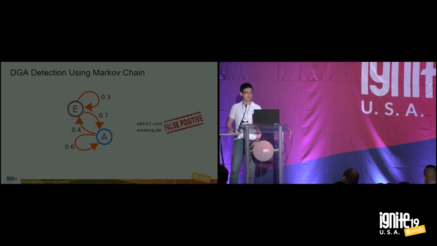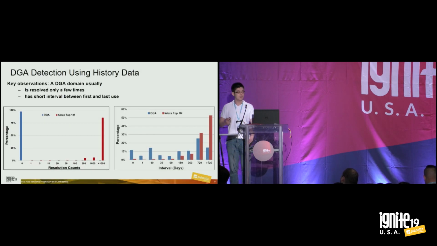So in order to address the false positives from the Markov chain, we use two other intrinsic properties of DGA domains. First, DGA malware needs to constantly connect to a large number of automatically generated domains that are not registered yet. So that means most of these DGA domains are never successfully resolved.